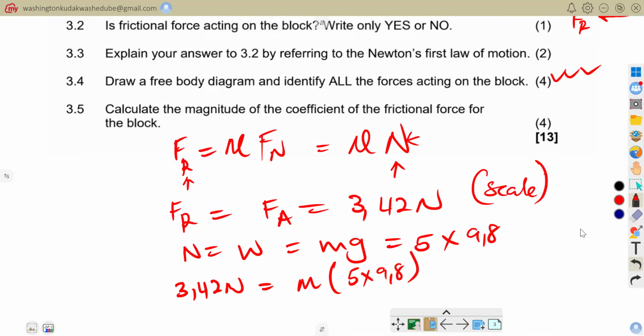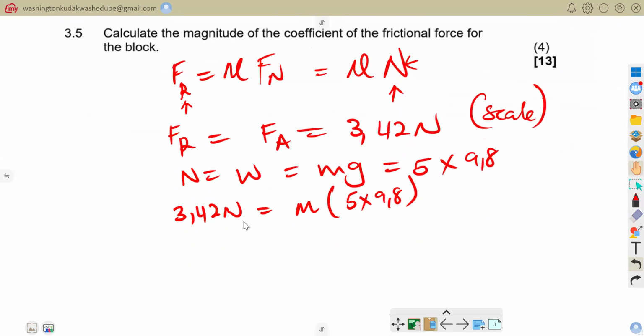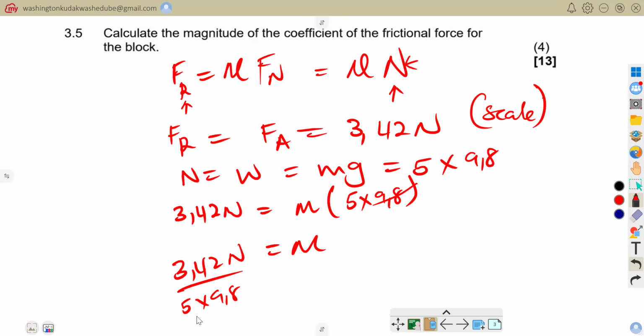Given that, what we just need to do now is to make mu, which is the coefficient of friction, the subject of the formula. So I would divide throughout by this. If I divide throughout, I would cancel out this side. I'll be left with 3.42 newtons divided by 5 times 9.8 this side.